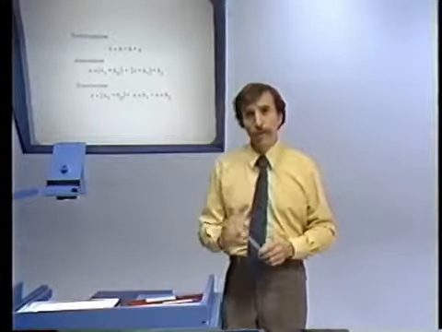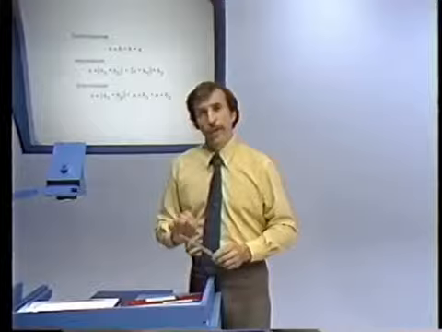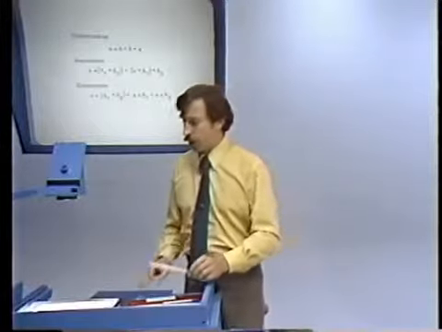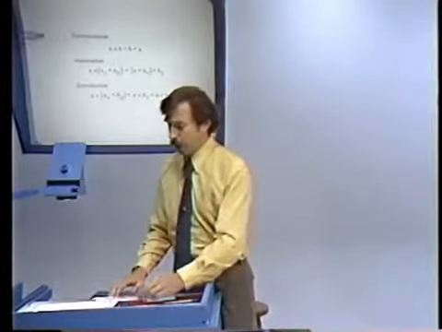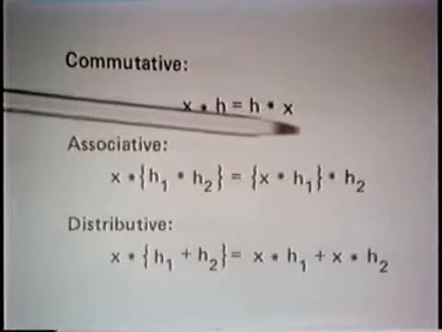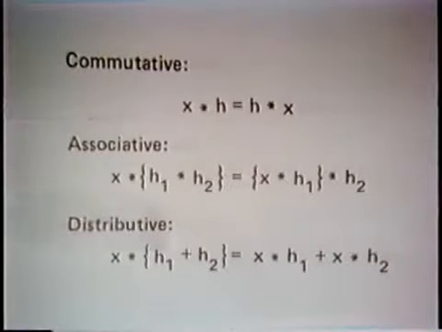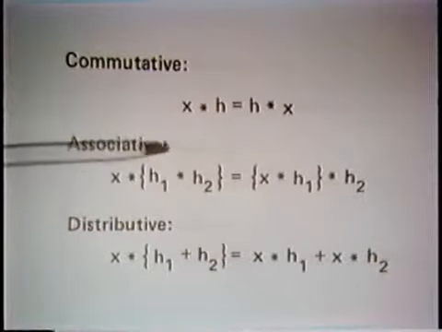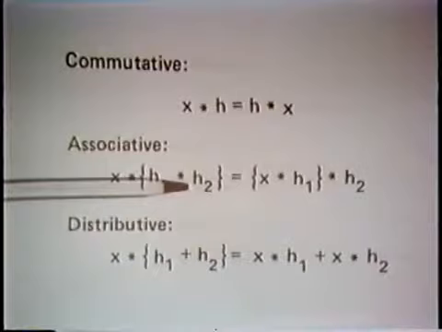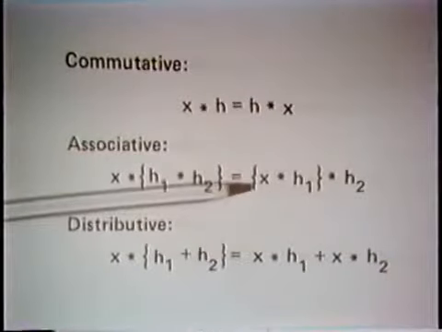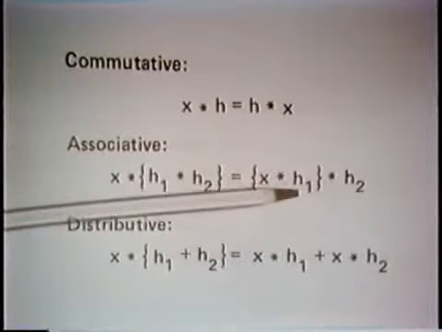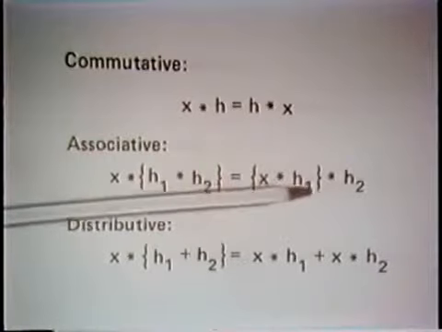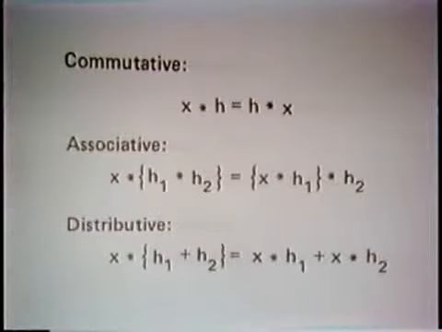So we have the commutative property, and now there are two other important algebraic properties, one being what is referred to as the associative property, which tells us that if we have x convolved with the result of convolving h1 with h2, that's exactly the same as x convolved with h1, and that result convolved with h2.